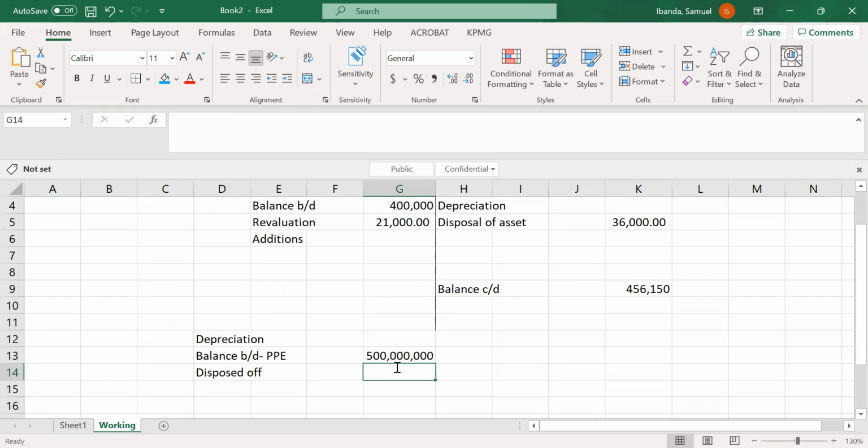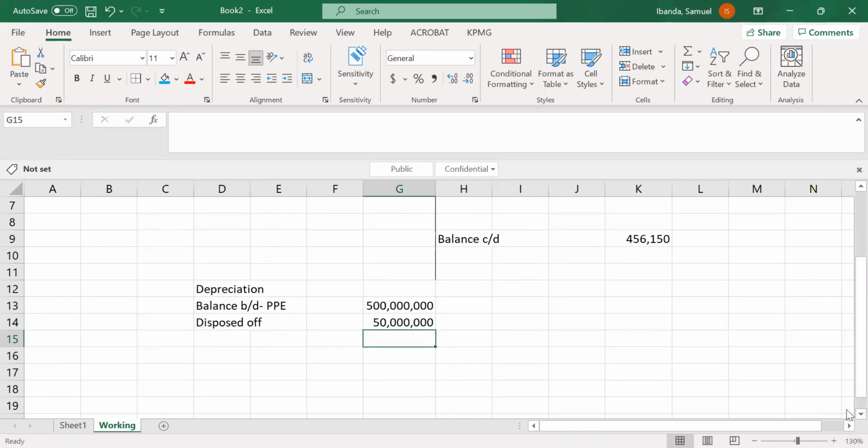Disposed of is 50 million. So when we are calculating depreciation, we had 500 million, but now after disposing of the 50 million, we remain with 450.